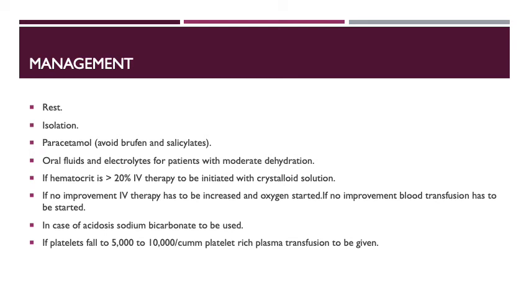If hematocrit is more than 20, IV therapy has to be initiated with crystalloids like normal saline. If there is no improvement, therapy has to be increased and oxygen started. Still no improvement, we have to start with a blood transfusion. In case of acidosis, sodium bicarbonate is to be used, and if the platelets fall to 5,000 to 10,000 per cubic millimeter, platelet-rich plasma transfusion is to be given.